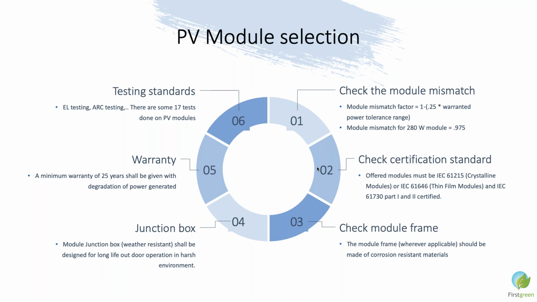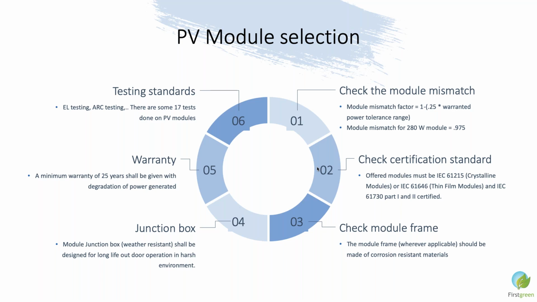You would like to have an ARC coating, an anti-scratch coating, on the glass so that you don't have scratches on it. All those things are part of the module BOM you should define. You should also define what type of junction box. It should be weather resistant, with standards like IP67 available for junction boxes.